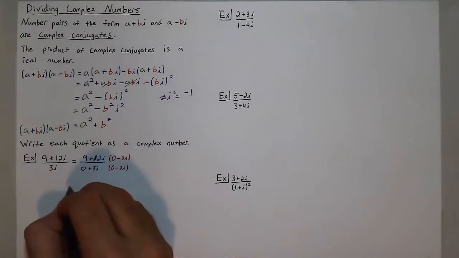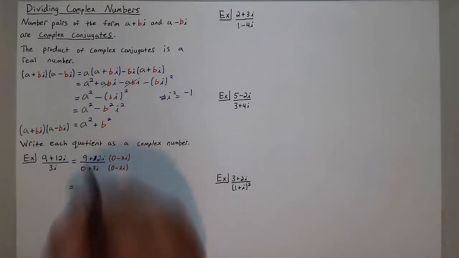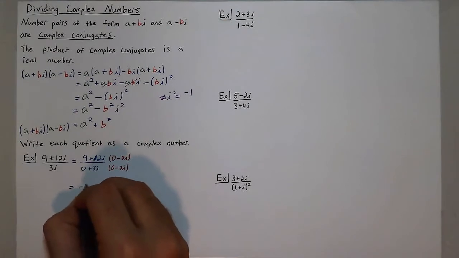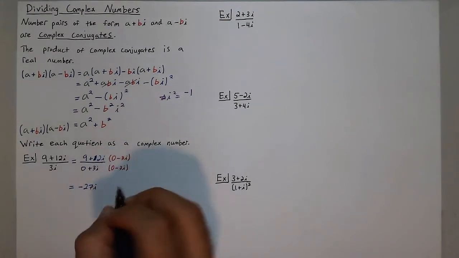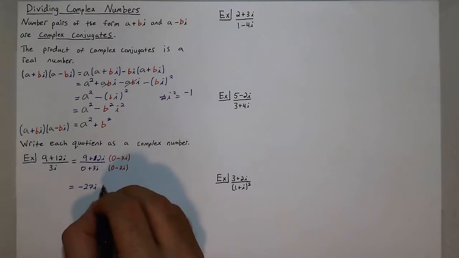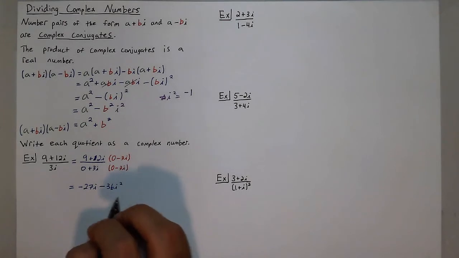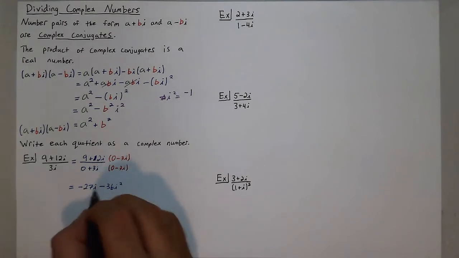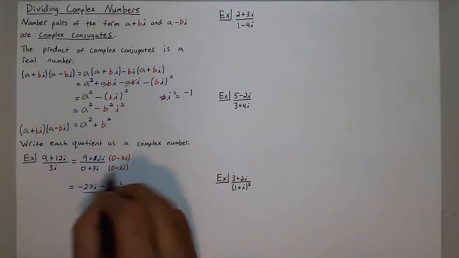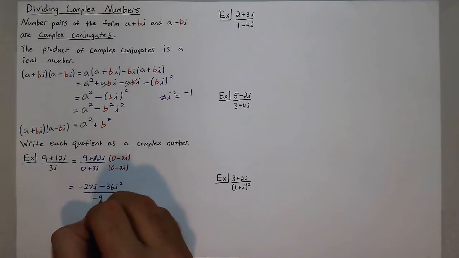So if I were to do this, up top I have negative 3i times 9, which is negative 27i, and negative 3i times 12i is minus 36i squared. And then in the denominator, I'll just have 3i times negative 3i, which is negative 9i squared.